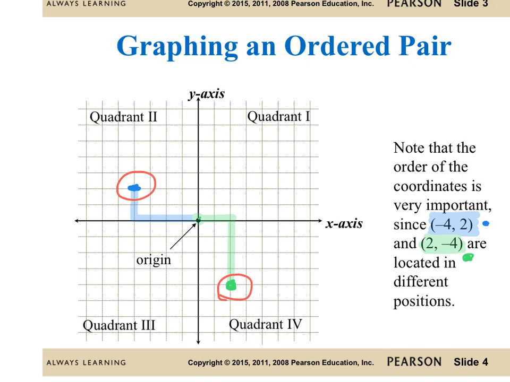So this one is (2, -4), and the other one was (-4, 2). So be sure when you plot your points that you do the order correctly.